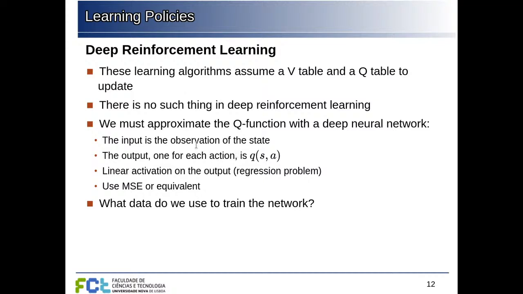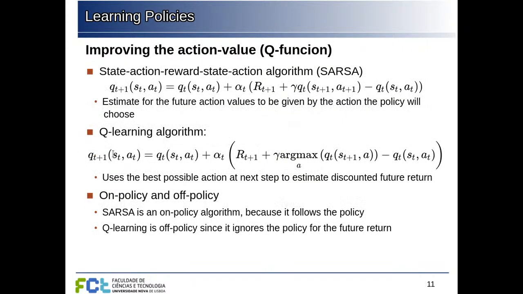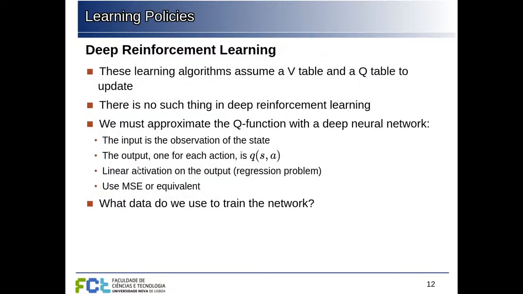Basically, what we're going to do is to create a deep neural network that will approximate the Q function. So the input is the observation of the state. We need to know the state in which we are. And we will output not one value.